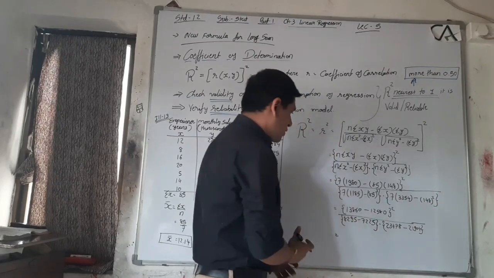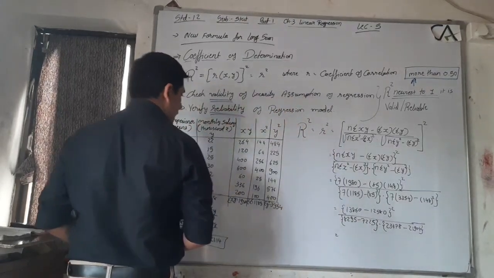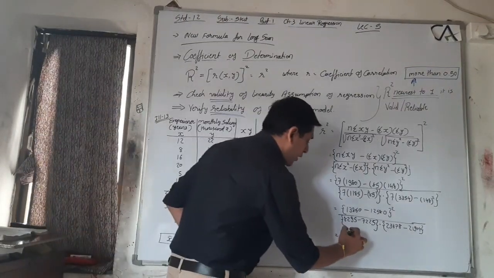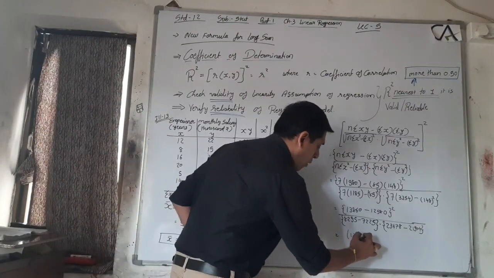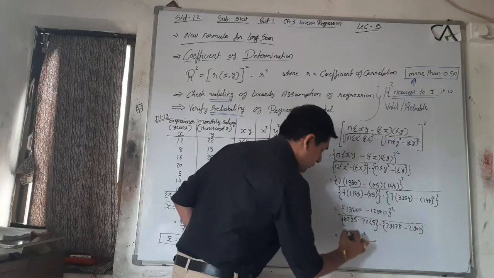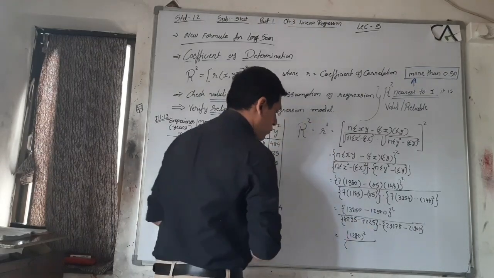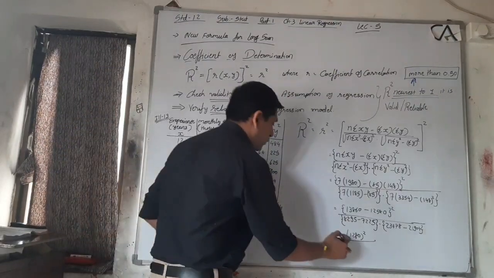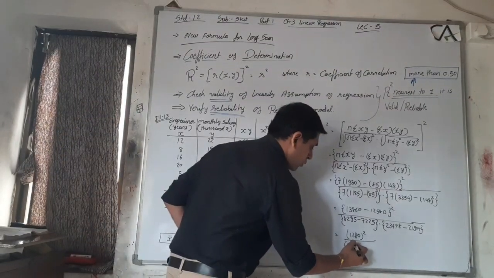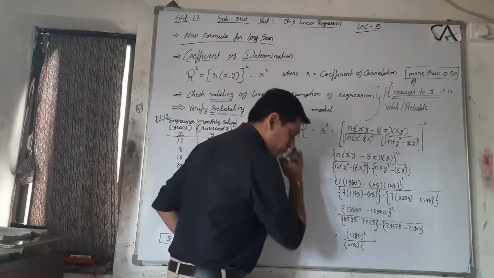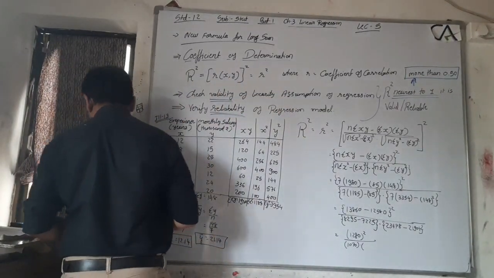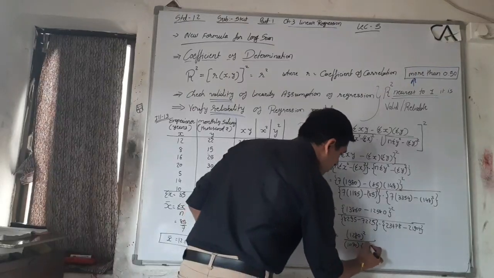So first of all subtract this. 13,860 minus 12,580, 1280 square, upon 8295 minus 7225, that is 1070, into 23478 minus 21904, that is 1574.